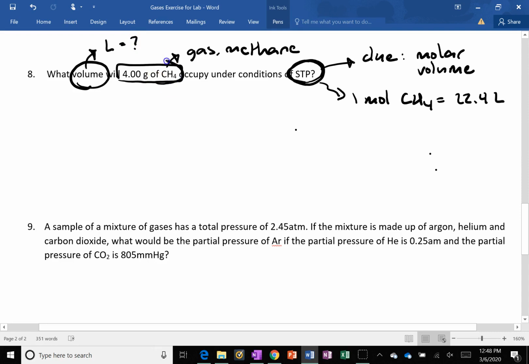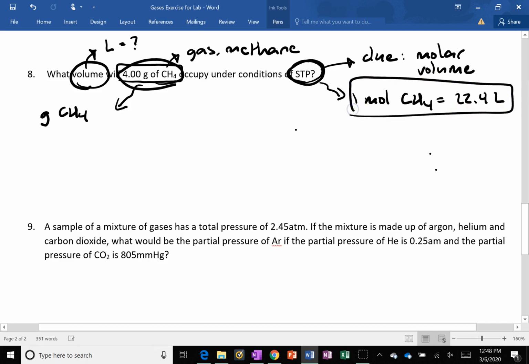We're given the grams of methane. So if I want to use my molar volume, I would first need to convert my grams of methane to moles of CH4, and then when I get to moles of CH4, I can use my molar volume to convert my moles into liters of CH4.